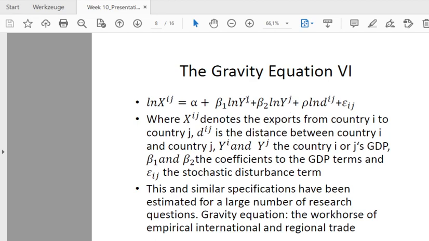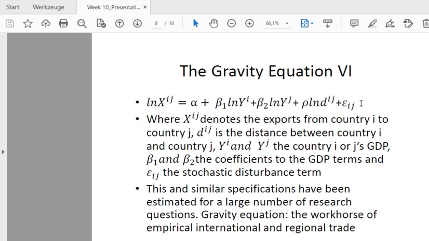And of course, we take the natural logarithms of both. The third important variable here is the distance between i and j. As you can see here, rho, the exponent, is a coefficient that we can estimate if we estimate the whole equation. Finally, as always in econometrics, we have a stochastic disturbance term.